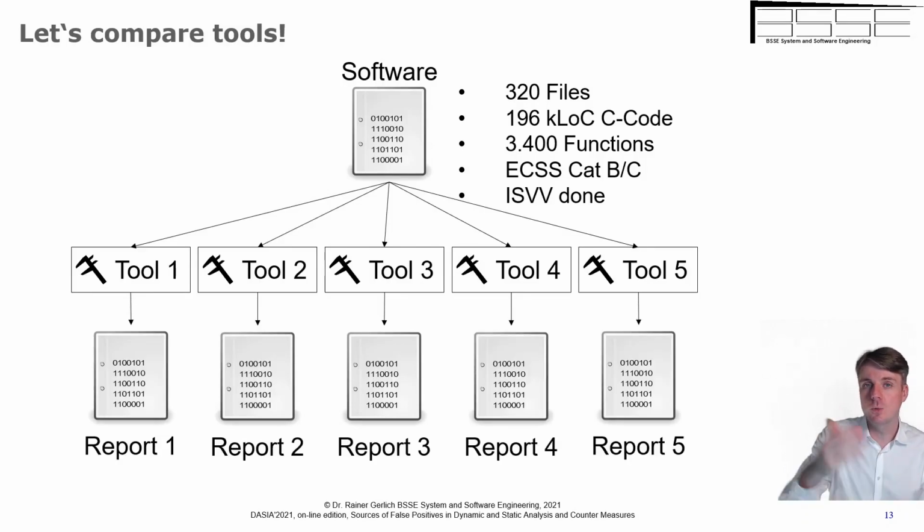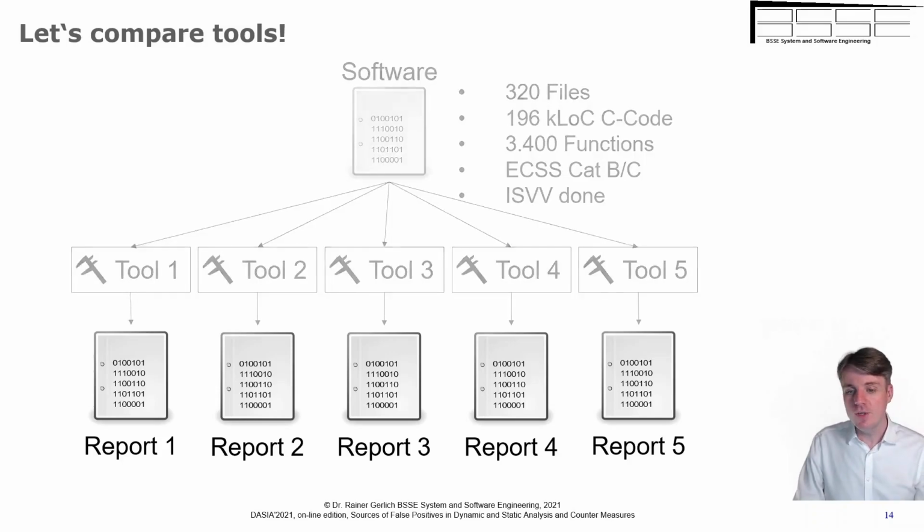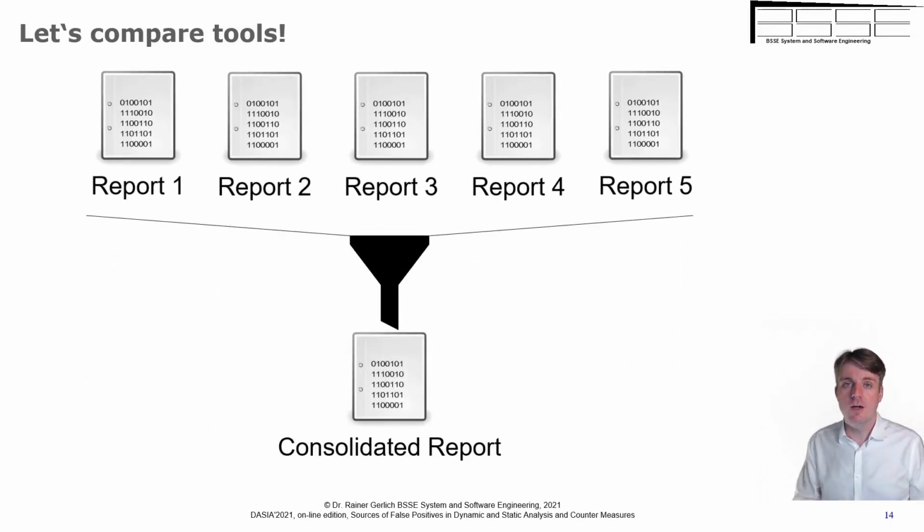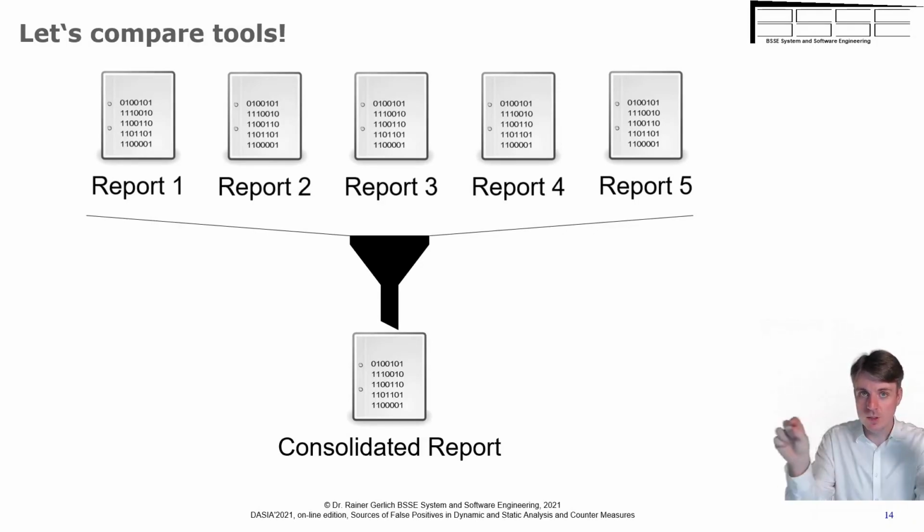So from each tool we get a list of reports saying that the tool has detected defects at specific locations. We then take these lists of reports and funnel them through to get a consolidated report. And there we would have only one single line per defect reported by at least one tool. And if multiple tools reported it, it would still stay a single line.